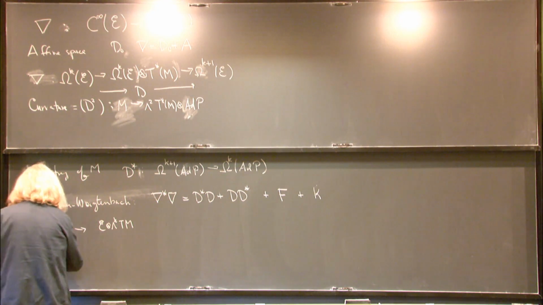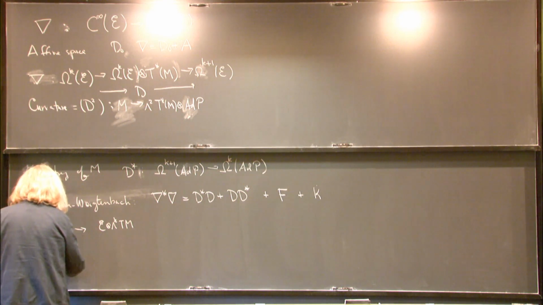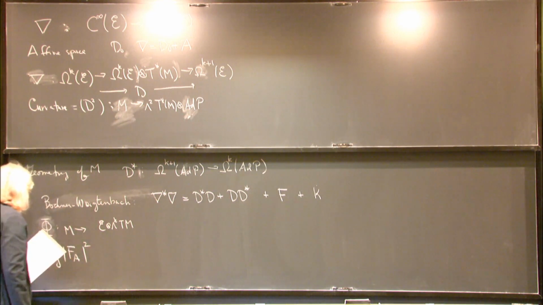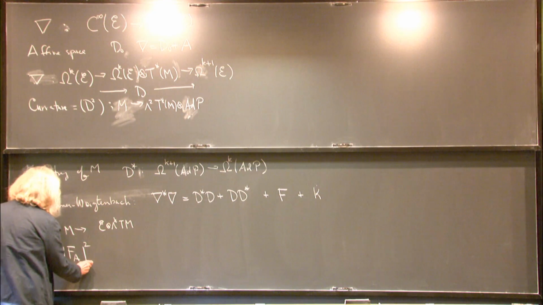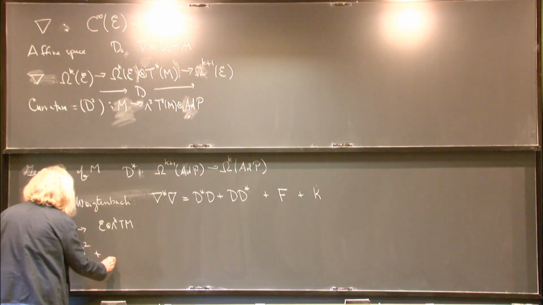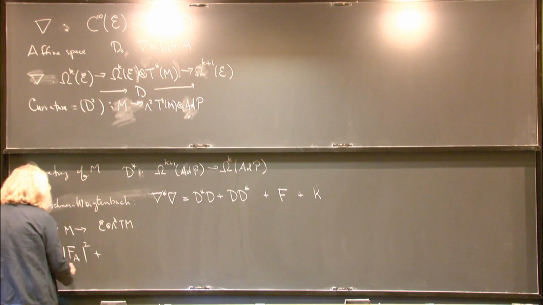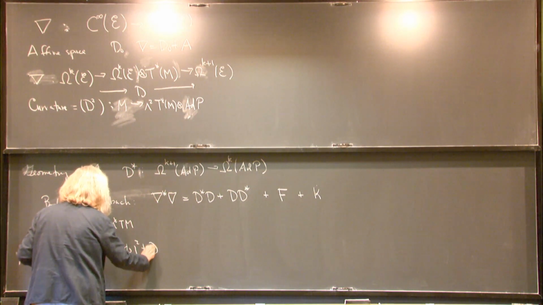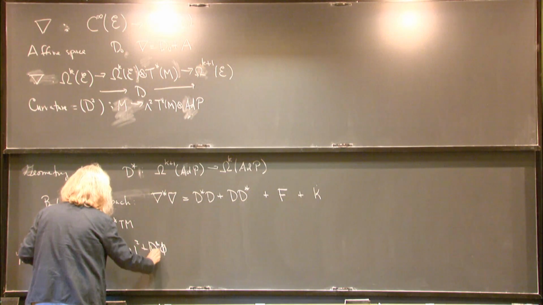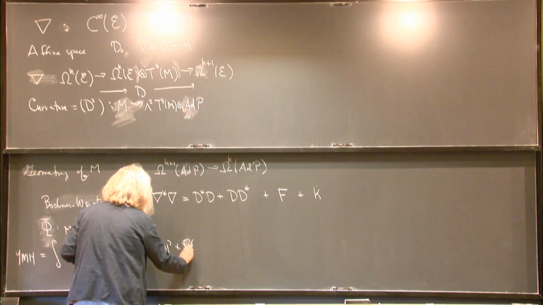So the Yang-Mills Higgs functional is something of the form d phi squared plus, something like this of phi.